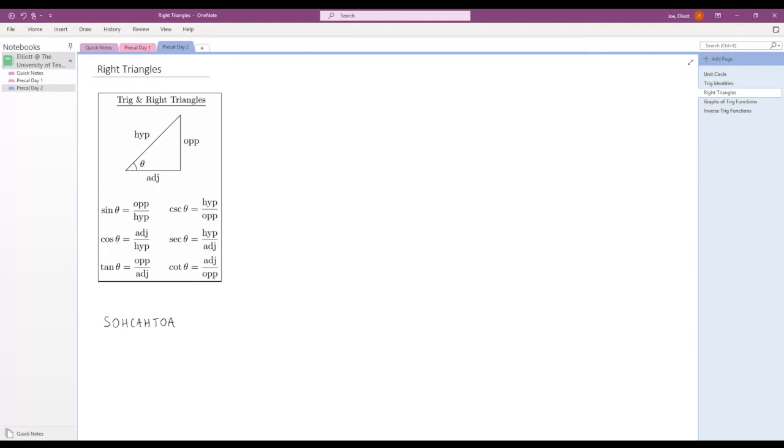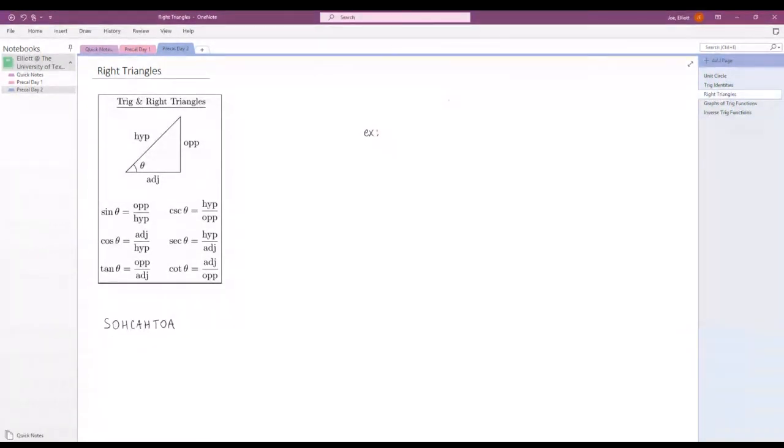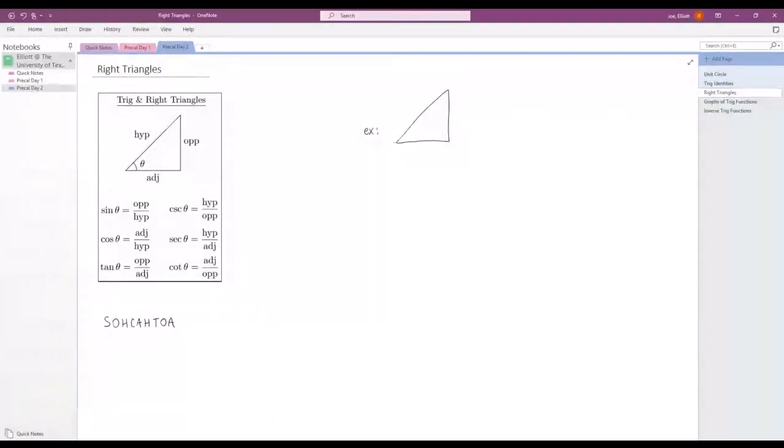So there are instances in calculus where you'll have right triangles in your problems, and you'll need to do a little bit of SOHCAHTOA to help you out. Let's look at a small example. Let's say we have a right triangle, which I'm going to draw right now.